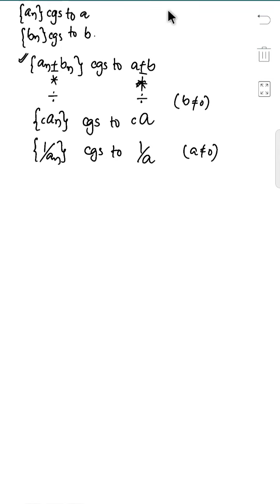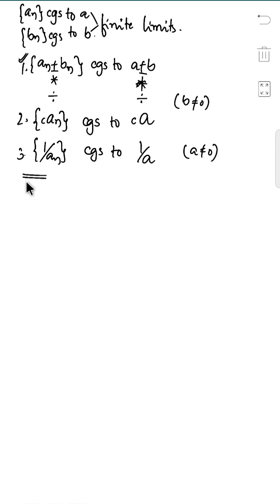So if these two are finite numbers, finite limits, then this holds. Let's say this is law 1, 2, 3.